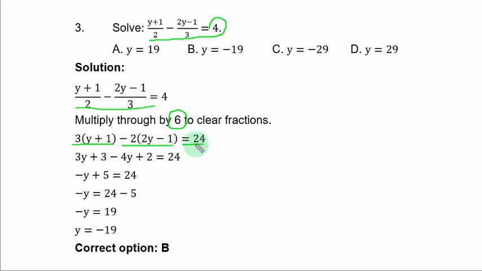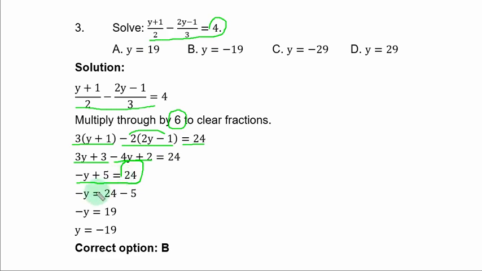If you open the first bracket with 3, you have 3y plus 3. If you open the second bracket with minus 2, you have minus 4y plus 2. Minus 2 times minus 1 is plus 2. You add the like terms on the left hand side, you have minus y plus 5 equal to 24.